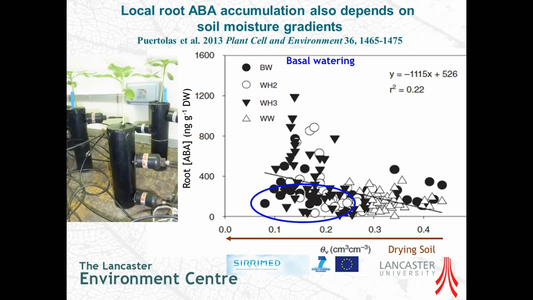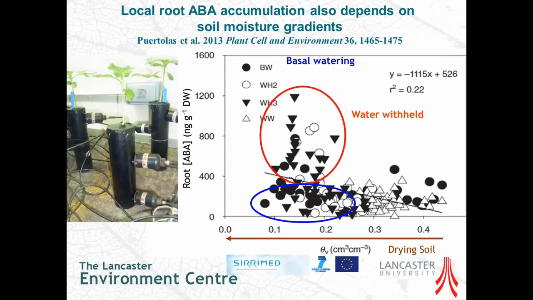So we can see that if we maintain a lot of water at the base of the pot, we get very limited ABA accumulation as a function of soil drying. If we simply withhold water, again, we get high root ABA accumulation for the same level of soil moisture.